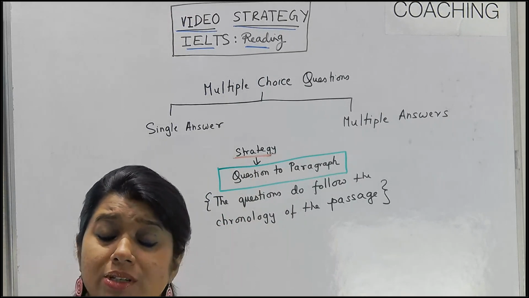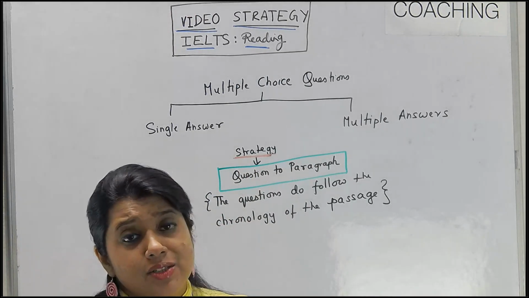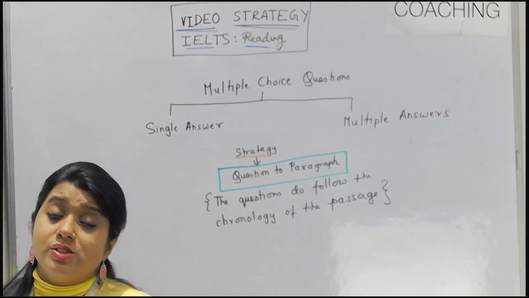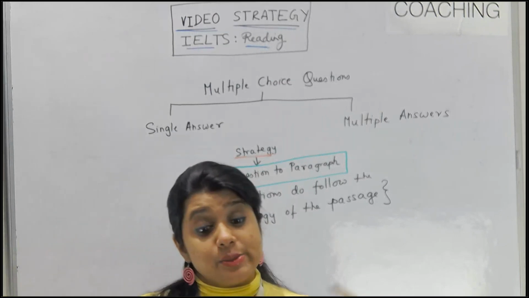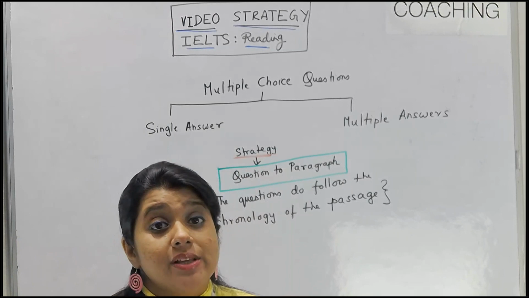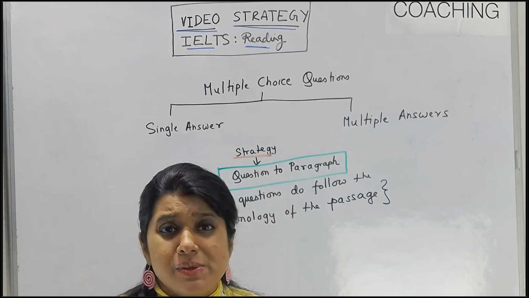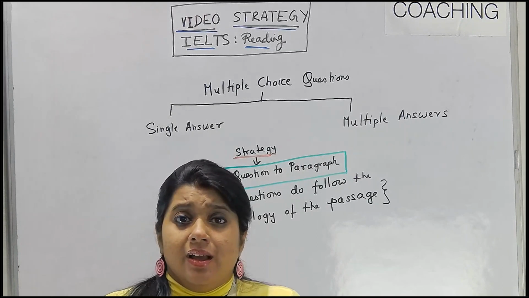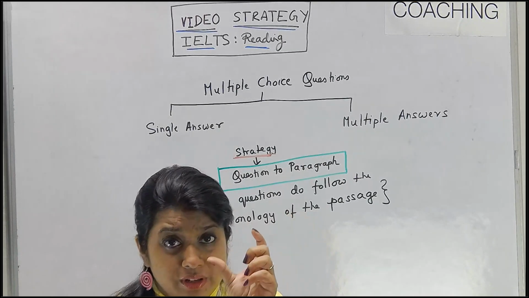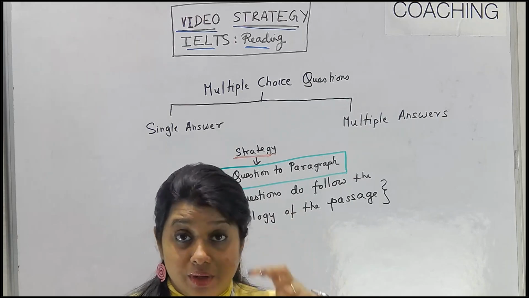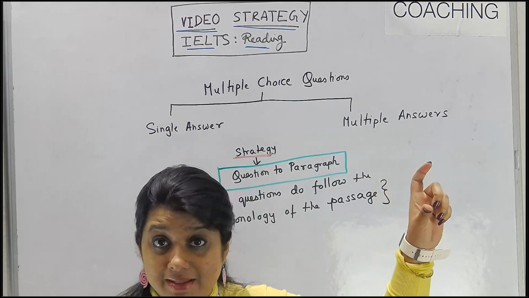Now, again, when it comes to multiple choice questions, single answer, we do have two types. One is known as multiple choice question, single answer specific type. The other one is known as multiple choice question, single answer generic type. So specific type means what? You will see the question, and the moment you read it, you will understand that, of course, the information is there in the passage.